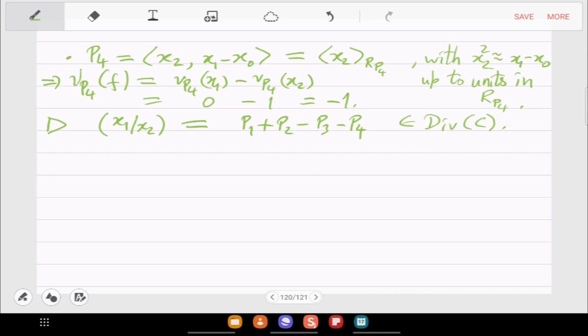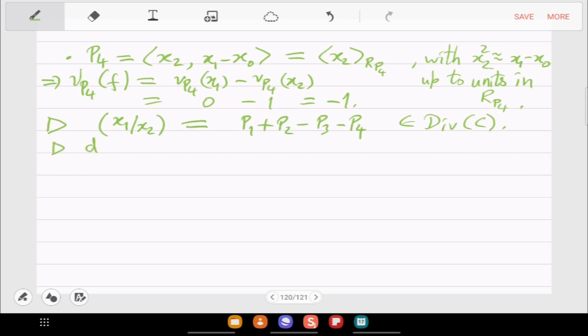Yeah, so now coming back to what Tujit was claiming in the very beginning without proof, is that the sum of orders should be 0, which in this case is true. 1 plus 1 minus 1 minus 1 is 0, right? So we'll prove after the exams that this actually is a property which is always true for principal divisors, that the degree of principal divisors is always 0. So the number of zeros and poles, they have to balance each other out.